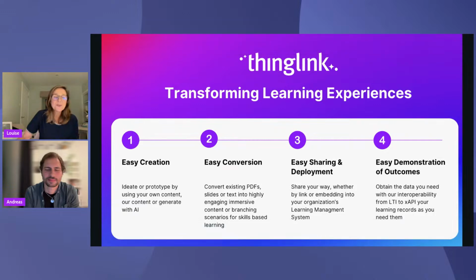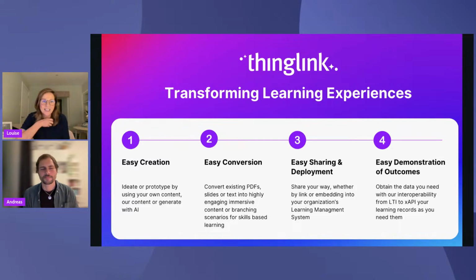So we know that sometimes it can be hard to build, even with a pen and paper, or even using post-it notes. There's quite a bit of planning that can be involved in pick your own path adventure games or scenarios. So this is why we've introduced our new ThingLink scenario builder, which is powered with AI.